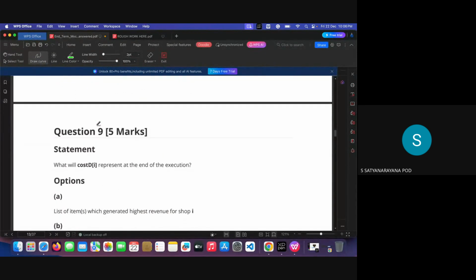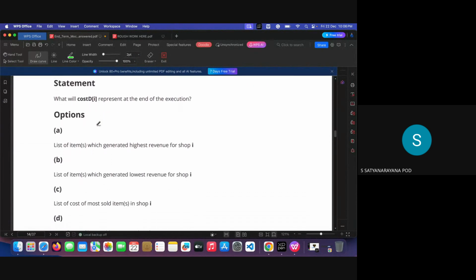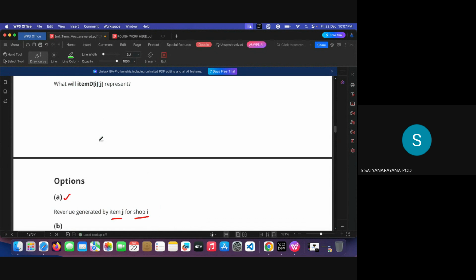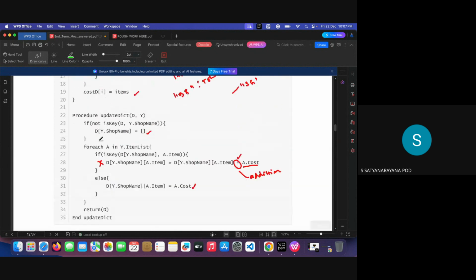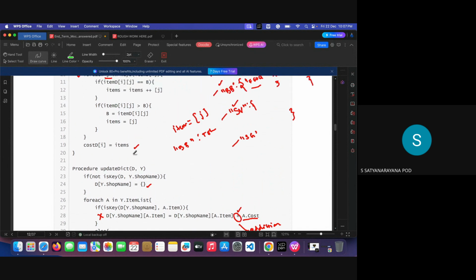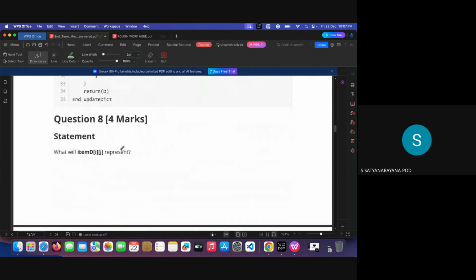The question is linked to the 9th also. The cost of D of I. What is D of I? This one, the final cost. See, look at here, cost of the D of items. It tries to maintain the items which have the maximum cost.